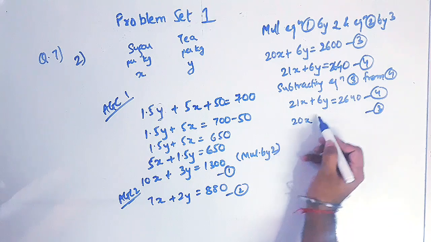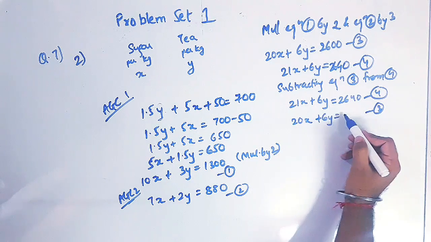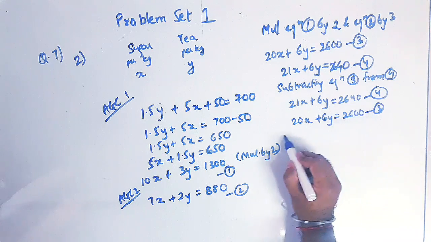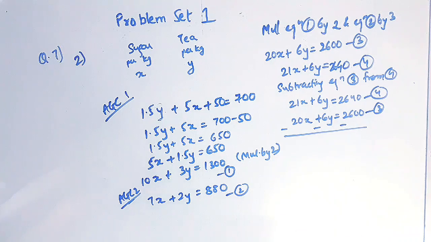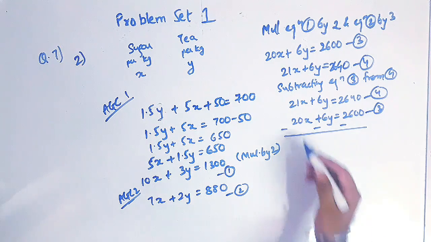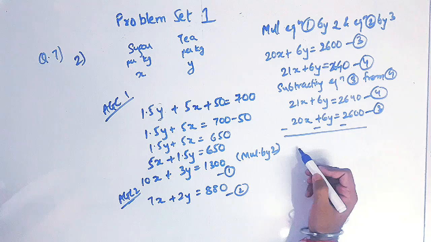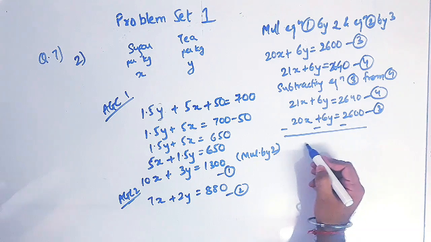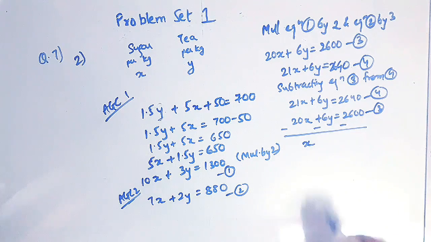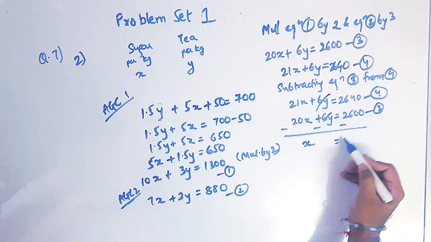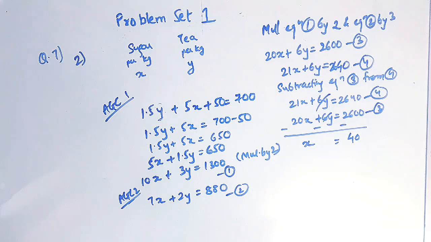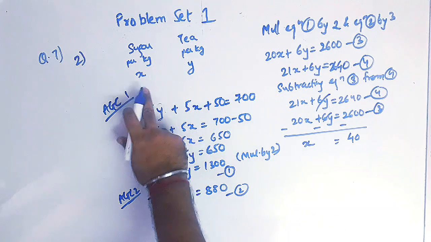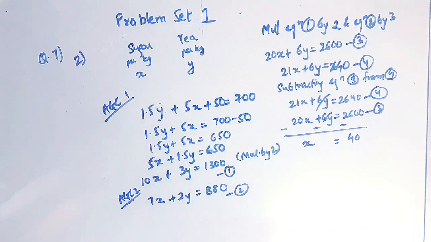This is 20x plus 6y equals 2600. Subtracting. Now 21x minus 20x will be x, the 6y goes away, and 2640 minus 2600 is 40. So you got the cost of sugar per kg is rupees 40.